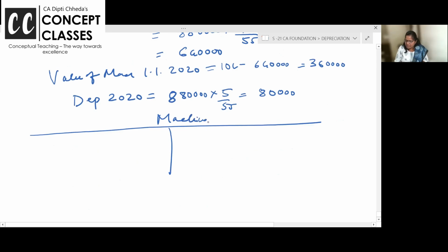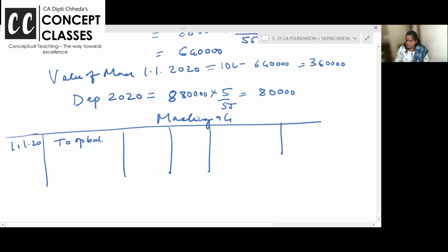So the machinery account, if they have asked you to prepare in T format, you can quickly prepare with date, particulars, amount. Date is January 1, 2020, opening balance, 360.